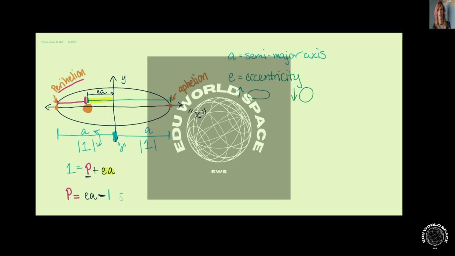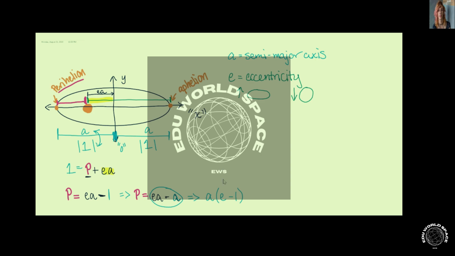So if we rearrange this, our perihelion would be equal to A minus EA, because once again, 1 was our A value. If we factor out our A over here, perihelion is going to be equal to A times 1 minus E.